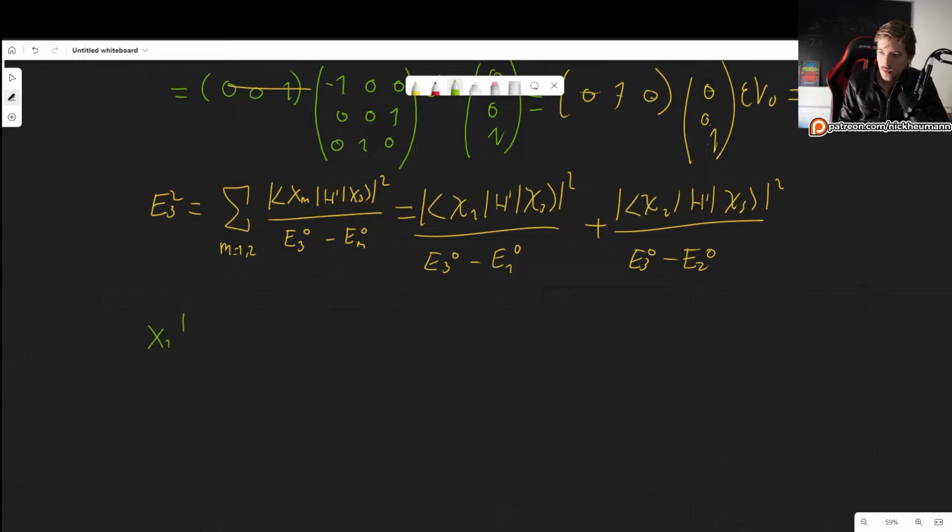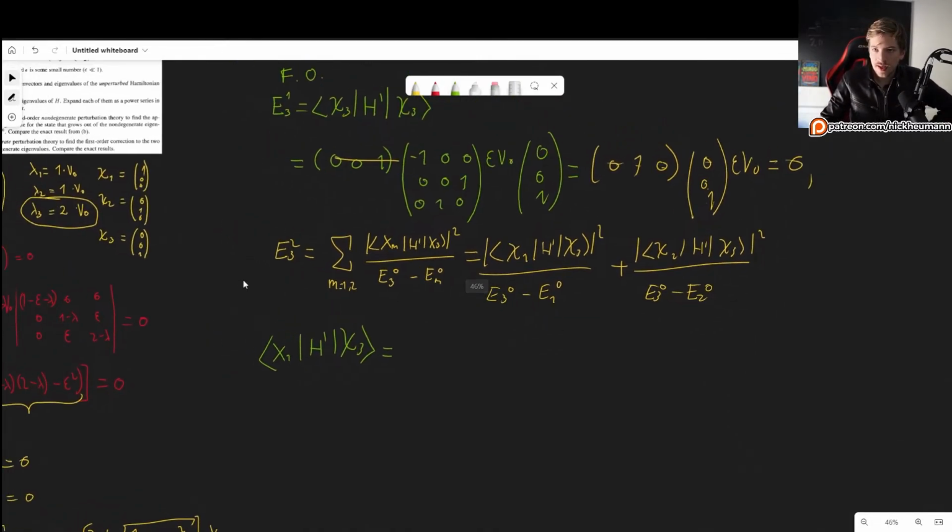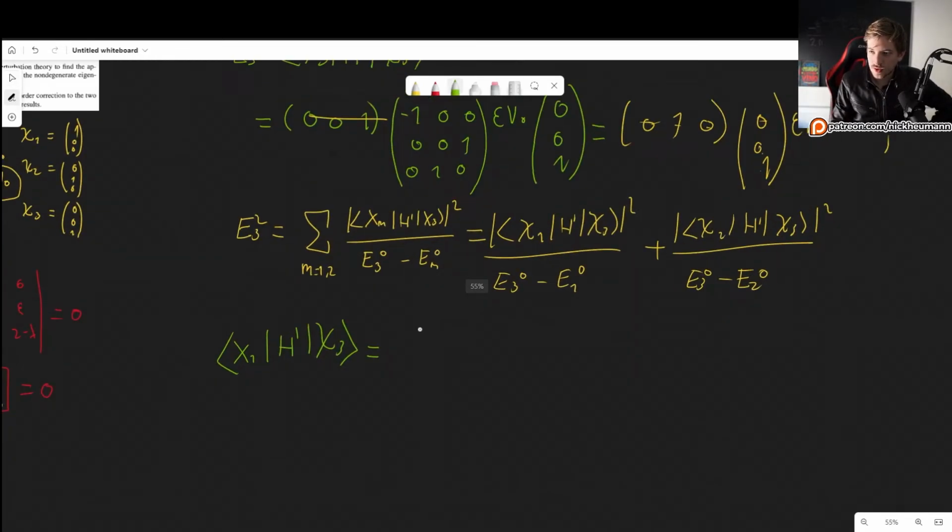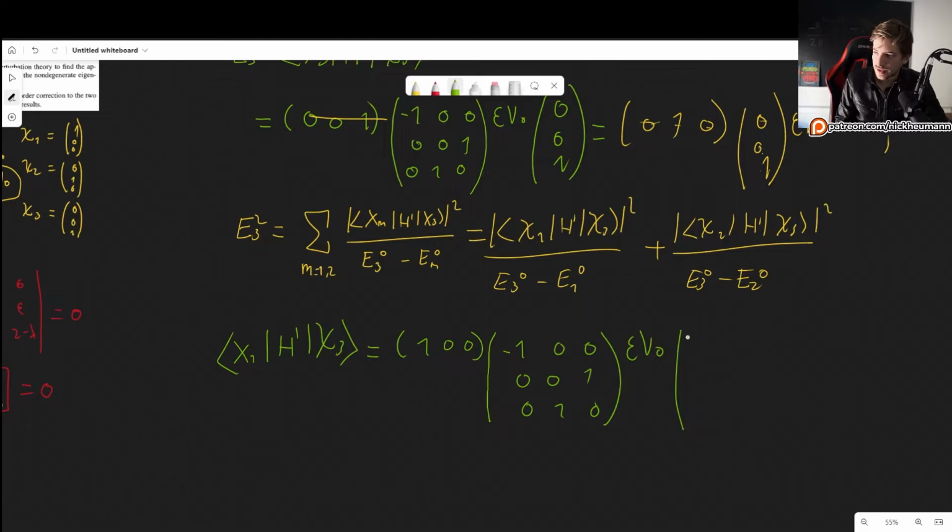So let's now calculate the inner products. First, chi1 H prime chi3. Chi1 is 1, 0, 0, so this would be 1, 0, 0 as a row vector. And then we have our matrix, which is minus 1, 0, 0, 0, 0, 1, 0, 1, 0 times epsilon V0, of course. And then our chi3, which is 0, 0, 1, sorry.